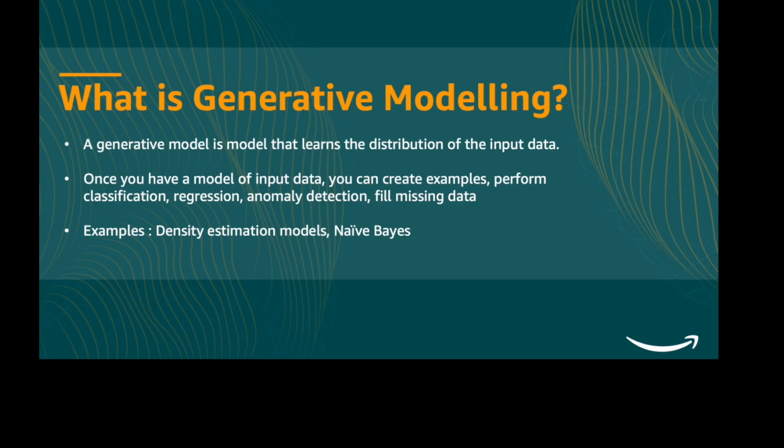We can use it for anomaly detection, where if a new point falls in a low density regime according to the input data distribution, we can think of it as an anomaly. Another use case is to fill in missing data, where if some of the parameter values are missing in a data point, you can fill them in using the input distribution that you have.